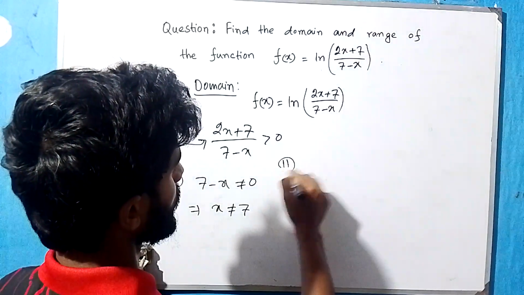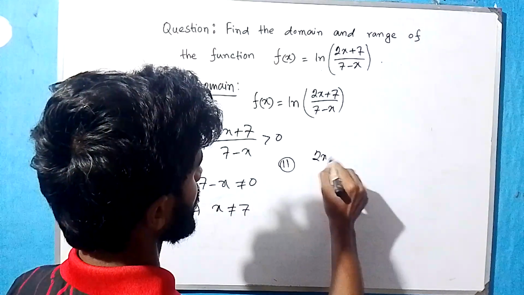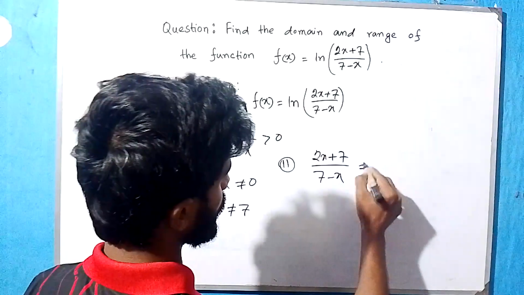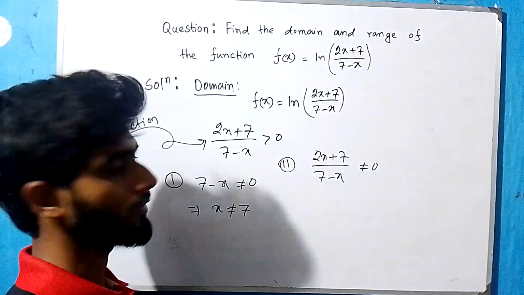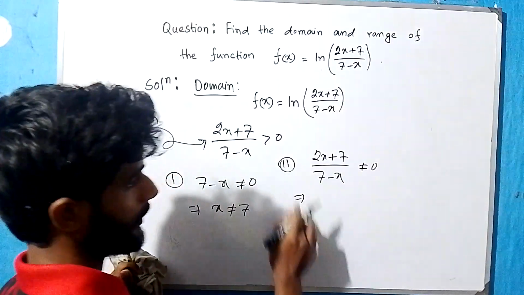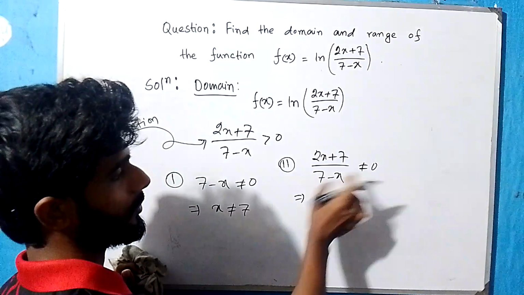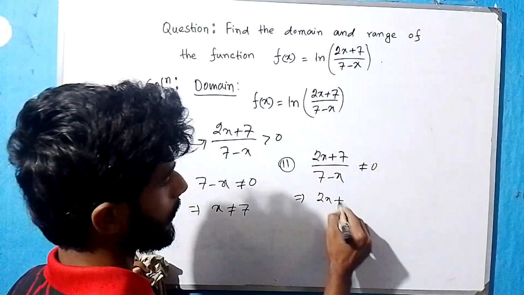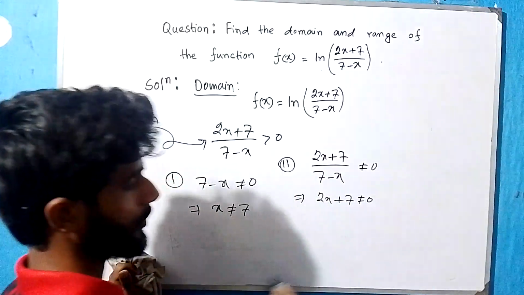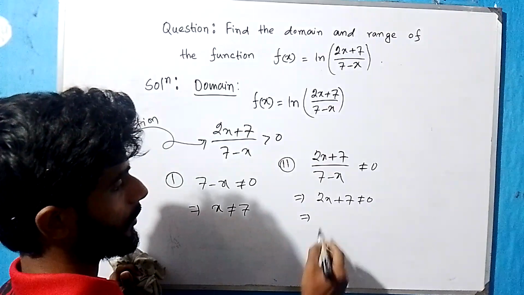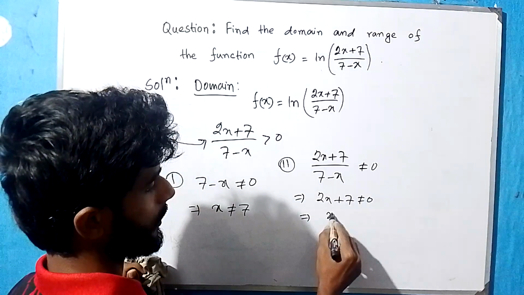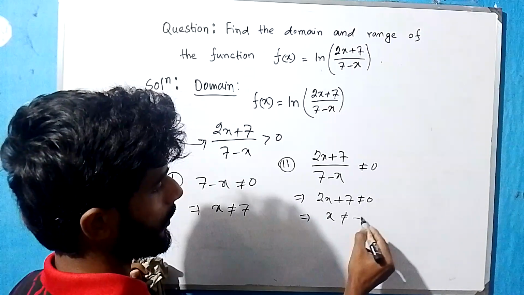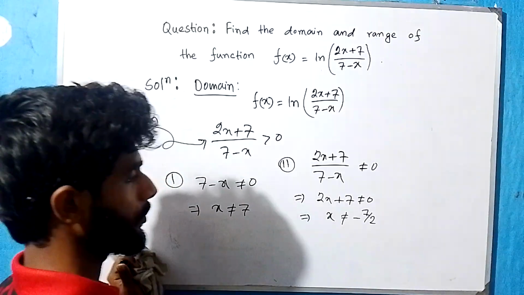Then our second observation is (2x plus 7) divided by (7 minus x) is not equal to 0 also. So if a fraction is not equal to 0, then we can say the numerator is not equal to 0, and after solving this, we have x not equal to negative 7 by 2.